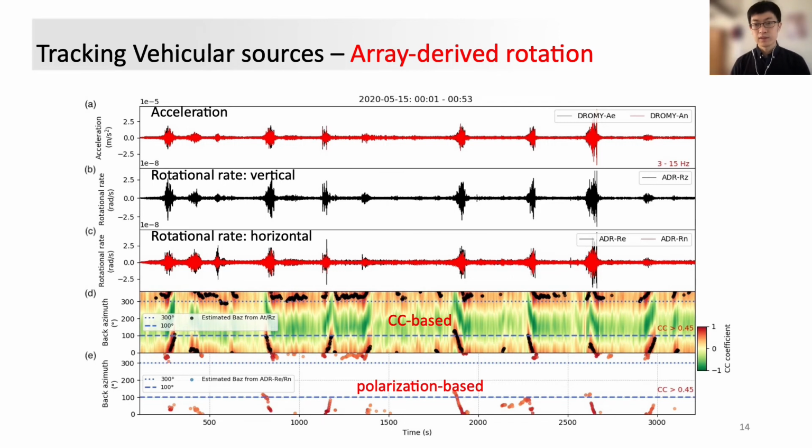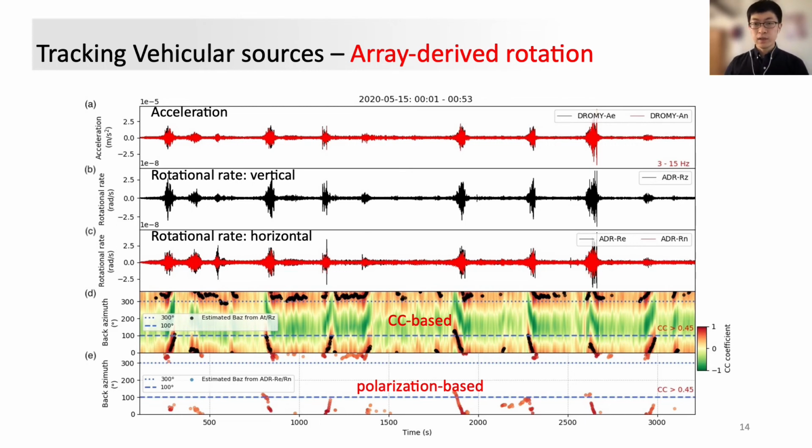To verify the proposed 6 degree of freedom point measurement, we first calculate the 3-component array-derived rotation for the reference station co-located with the rotational sensors from the surrounding stations. Then we apply the same processing strategy onto the array-derived rotation and acceleration records.